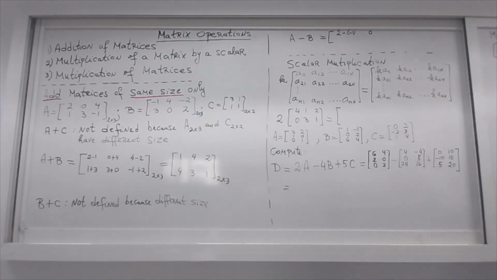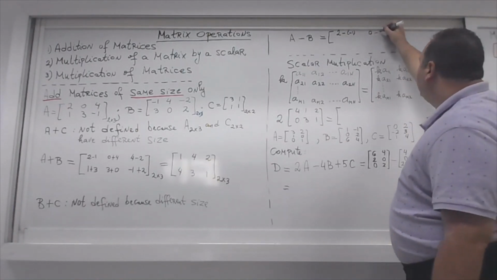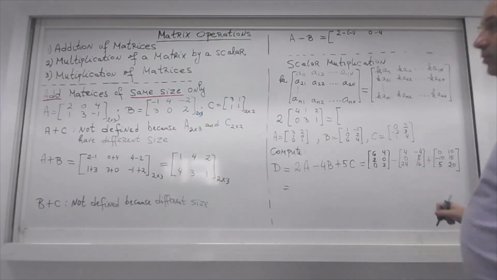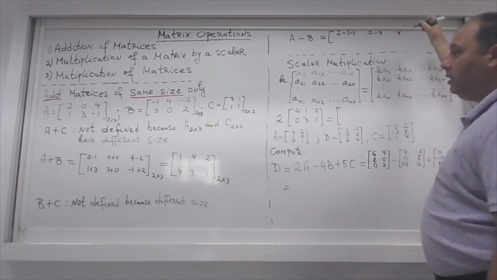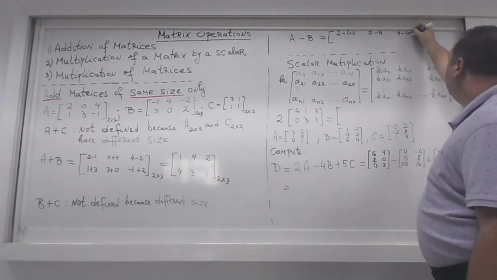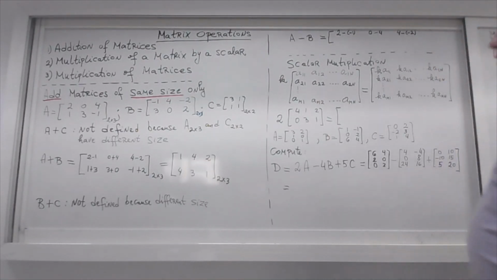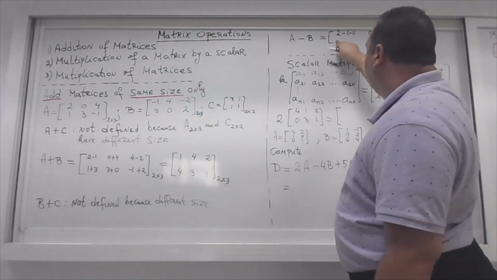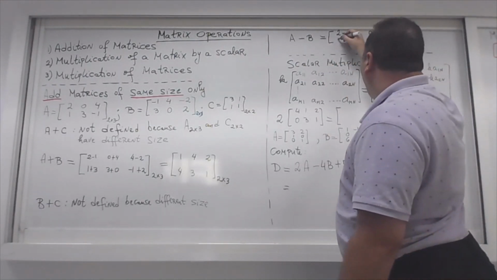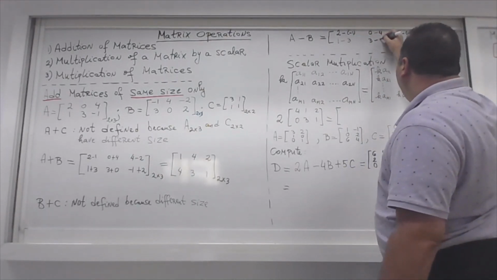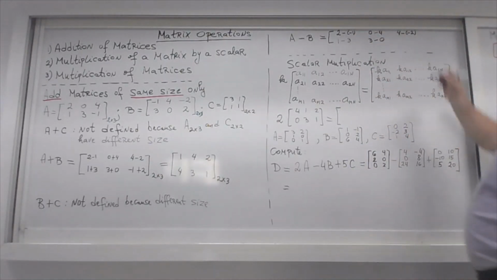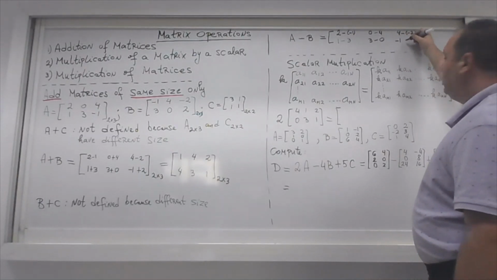1, 2 from A minus entry 1, 2 from B, and then entry 1, 3 from A minus entry 1, 3 from B. Good. So now entry 2, 1, so 1 minus 3, and then 3 minus 0, and minus 1 minus 2.